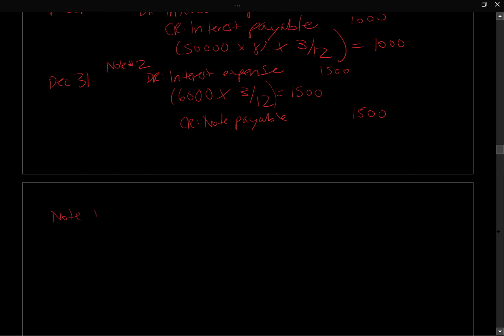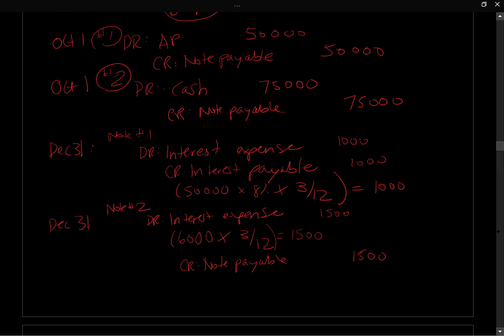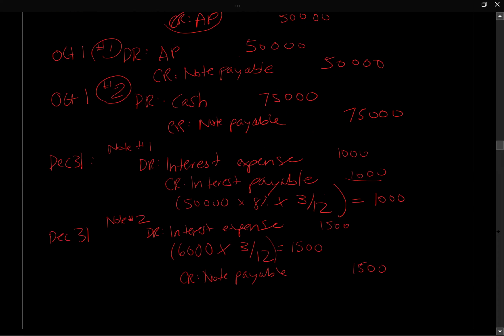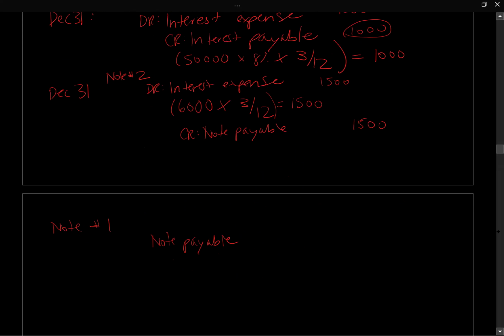Note number 1 is going to be shown as note payable, which is going to be the sum of the interest payable and the note payable here. So it's going to be 50,000 plus 1,000, which is 51,000, because those 2 accounts are mapped together in the financial statements.